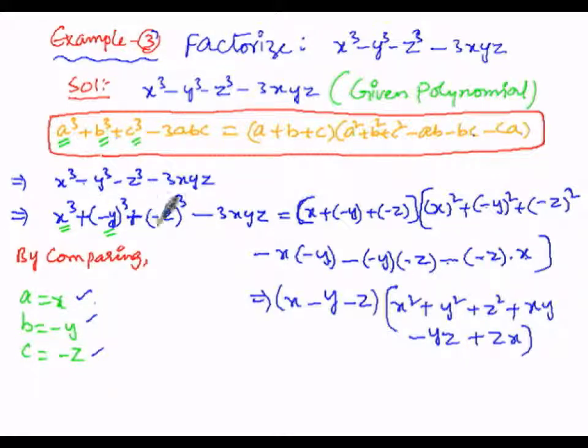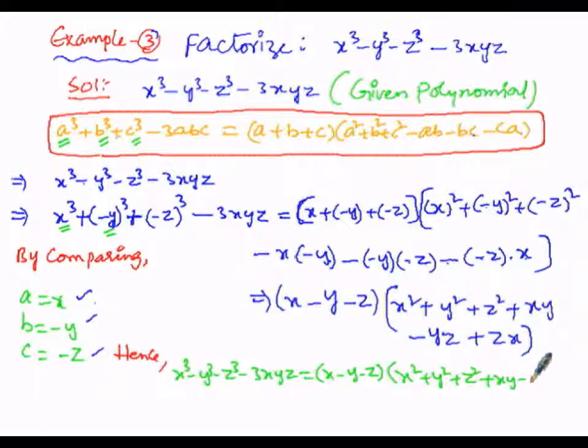So in this manner, we got x cube plus of minus y cube plus of minus z cube can be written as x cube minus y cube minus z cube minus 3xyz is equal to x minus y minus z into x square plus y square plus z square plus xy minus yz plus zx. Whereas in this, these two brackets are the factors of the given.